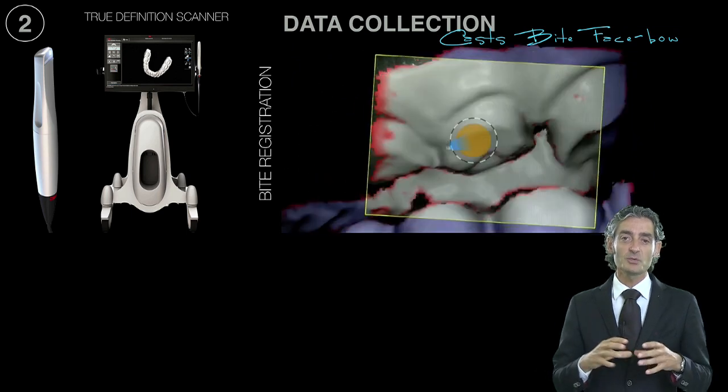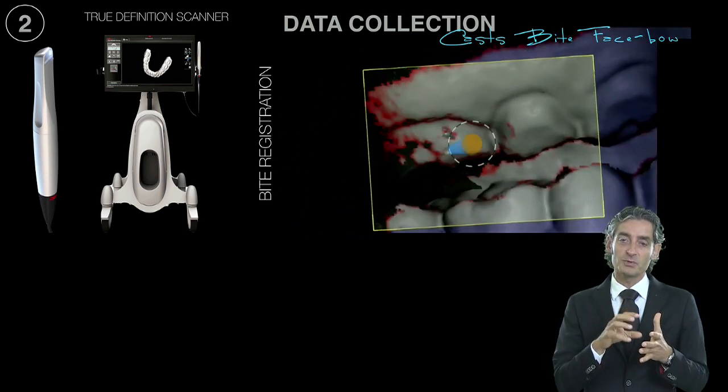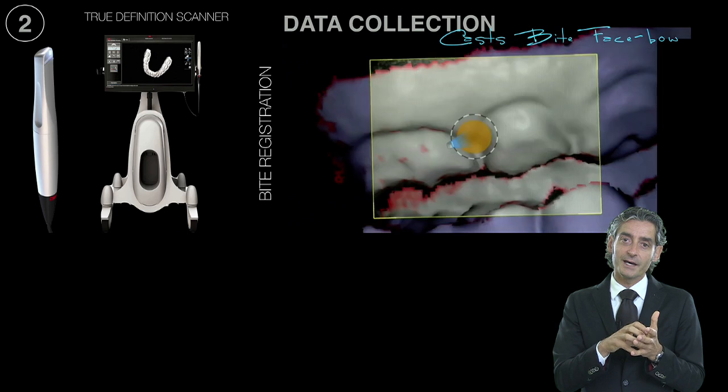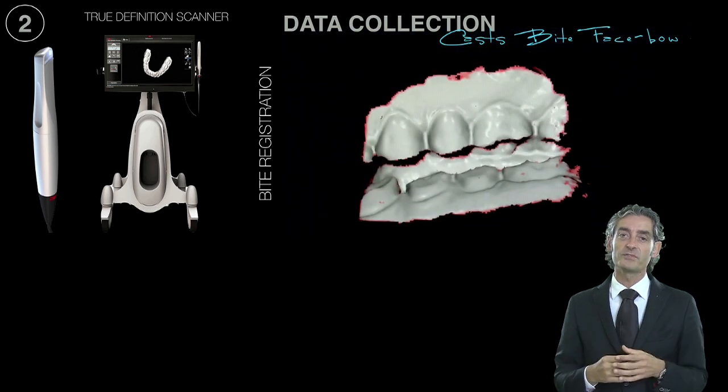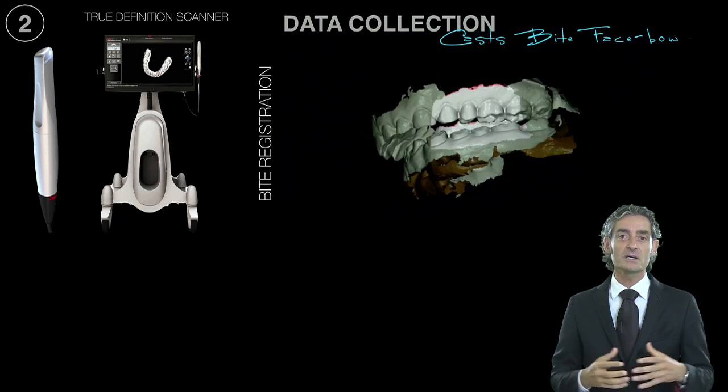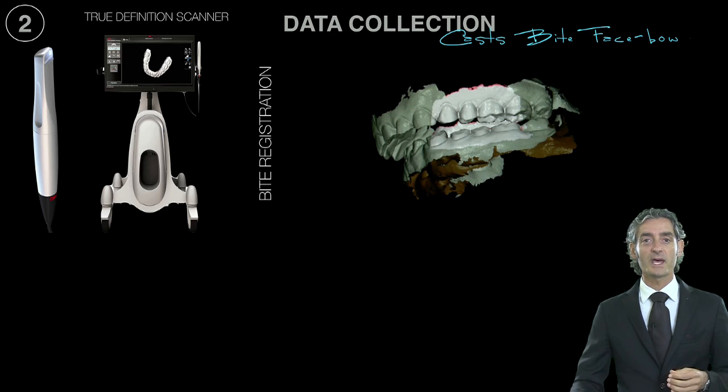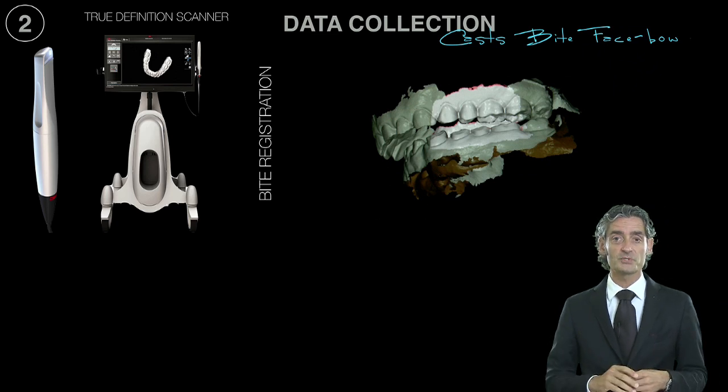This gives us the opportunity to match this position with the impression of the two arches. And as you can see here, right now we have our bite registration in CR position.